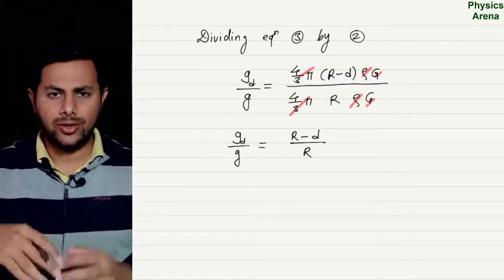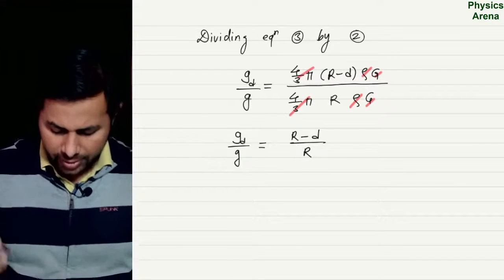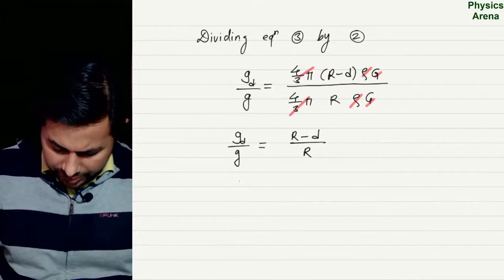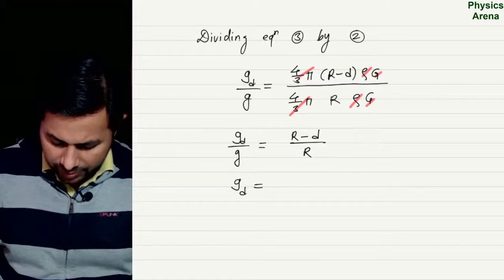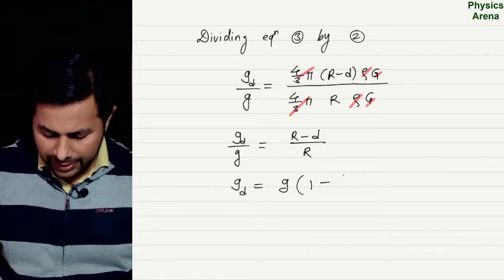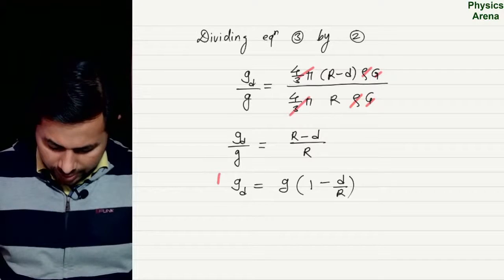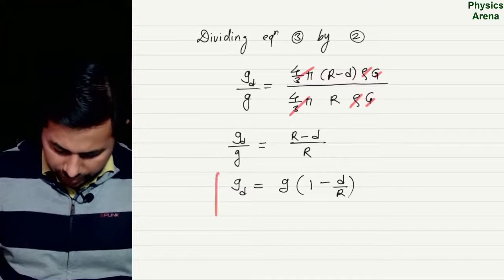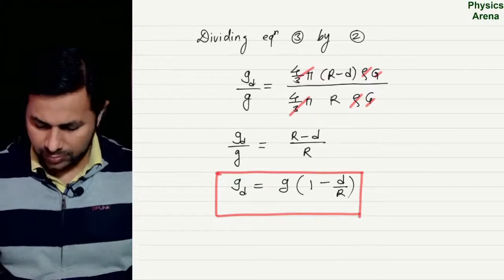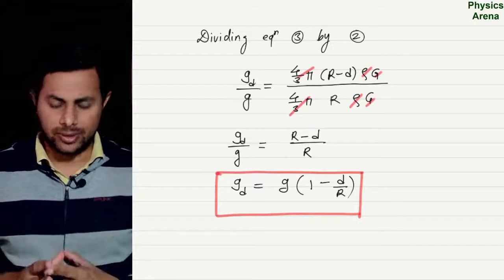So we'll take g on the other side and we will divide by this r. So r divided by r is 1. So we can write g at depth d is equal to g on earth surface multiplied by 1 minus d by r. Okay. So this is the acceleration due to gravity at depth d below the earth surface.